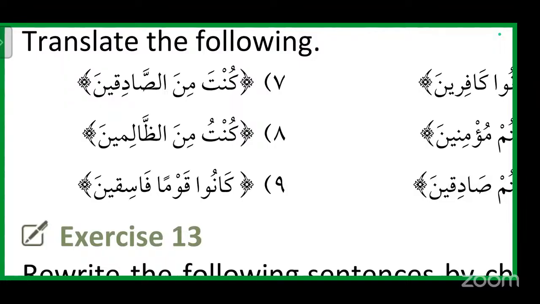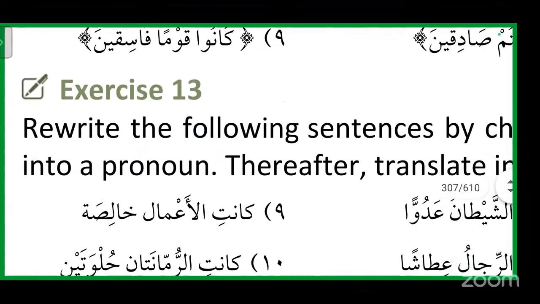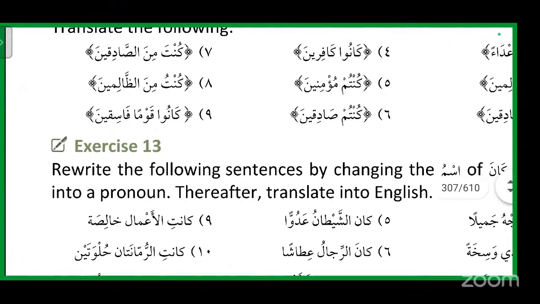Kunta is mufrad. Kuntu minad zalimin, I was from the oppressors. And kanu qawman fasikin, they were corrupt nations. Fasiqin is the sifat for qawman.